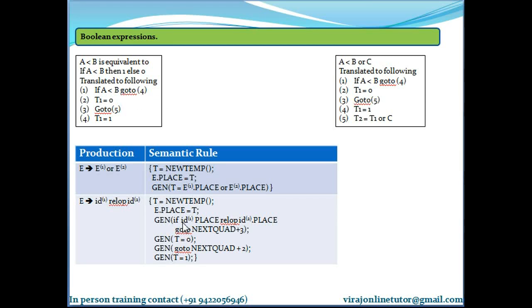So if ID1 dot place relational operator ID2 dot place, then you go to next quad plus 3. This is 1, so I am incrementing it. You are saying the next quad is pointing to this statement, right?